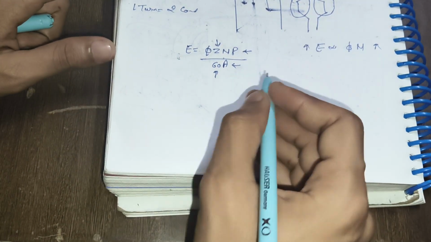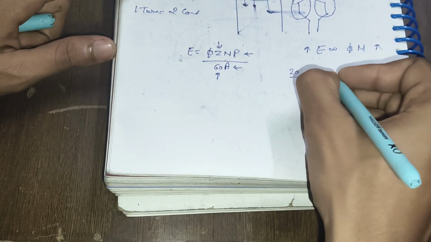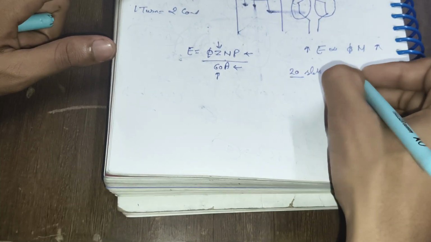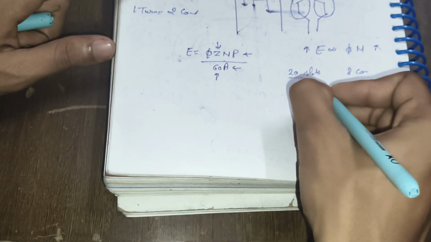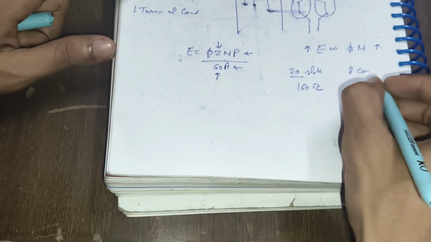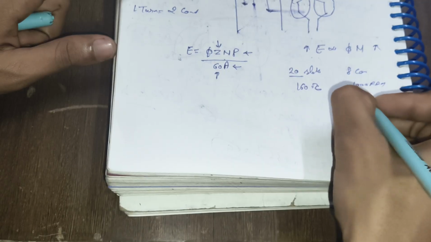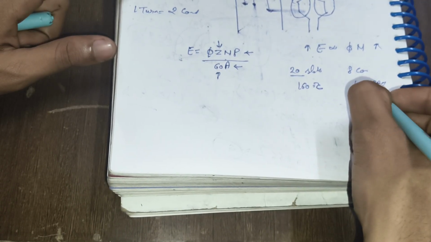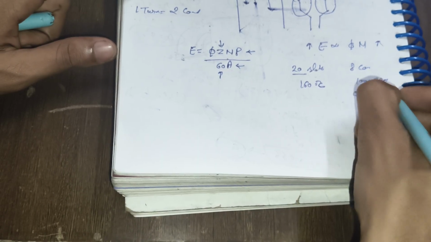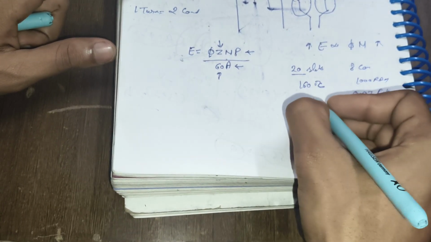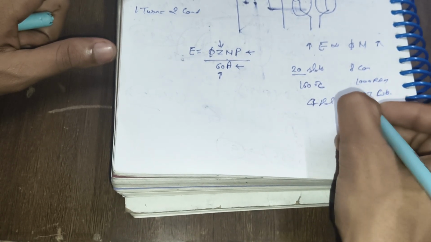We can do some numericals. Say we have 20 slots, each slot has 8 conductors, so there are 160 conductors. It is running at 1000 rpm with 0.07 Weber of flux, having 4 poles and lap winding.